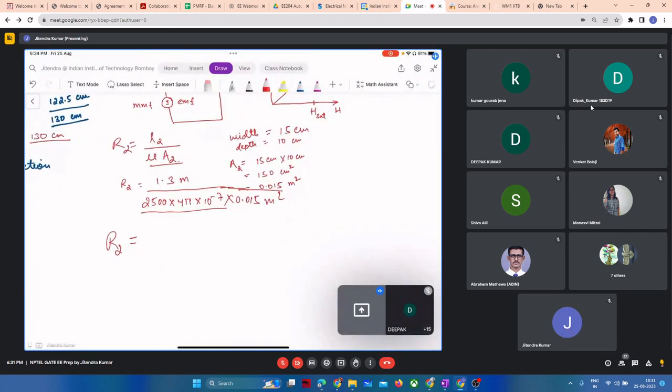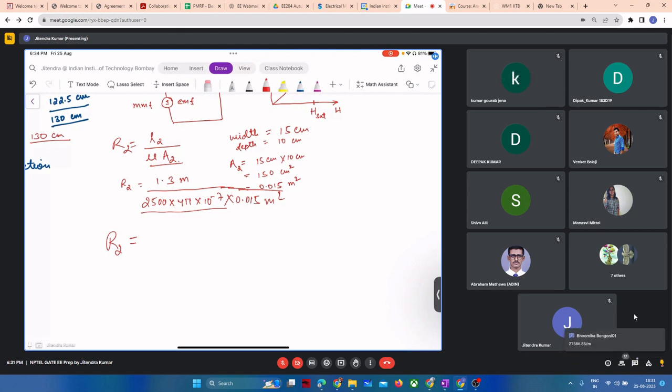Hi, sorry for the disconnection. Has anybody computed the value of R2? Okay, so let me write the value. I have computed it: 27,600. What will be the unit of reluctance?